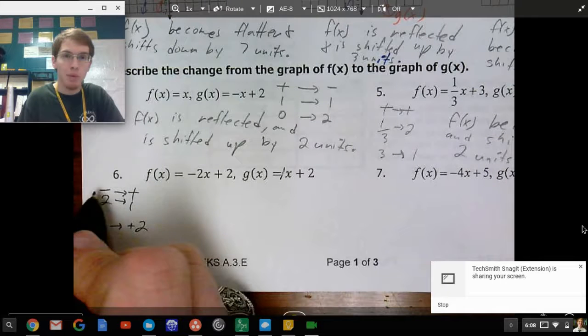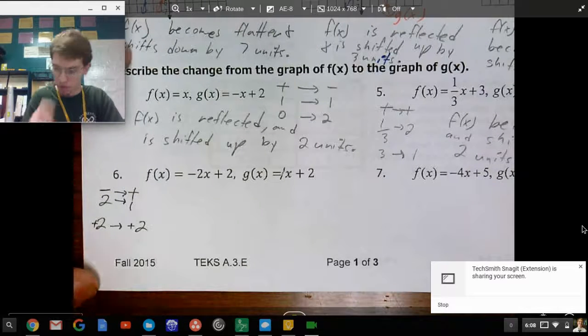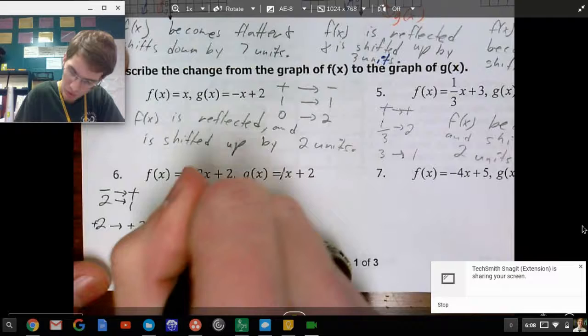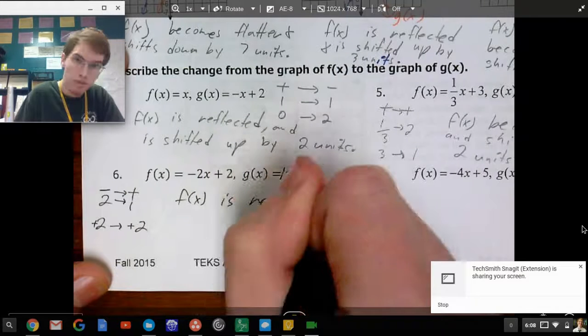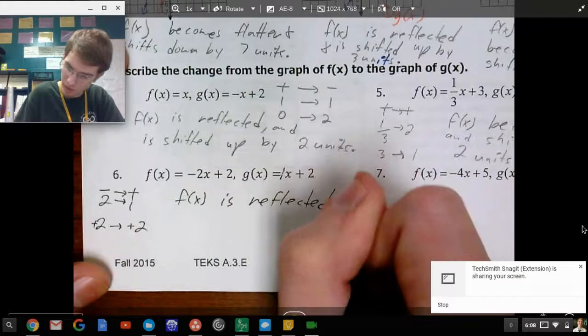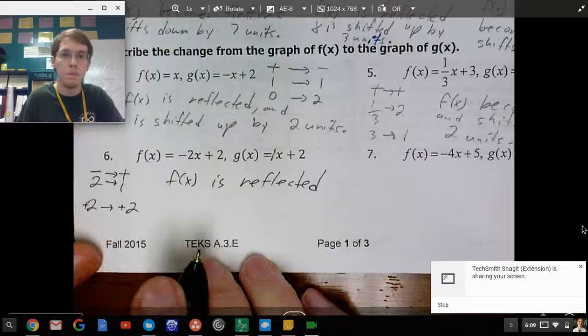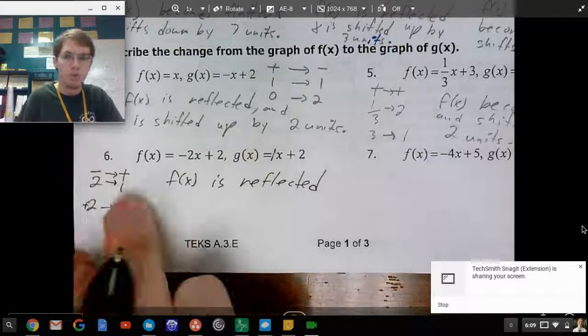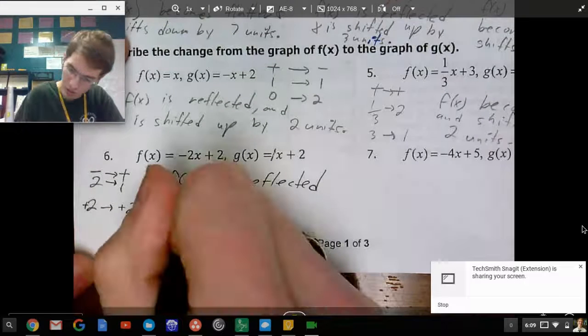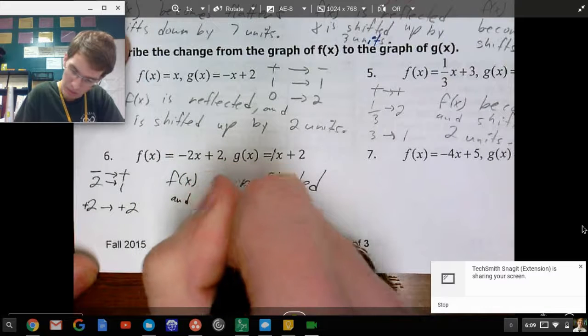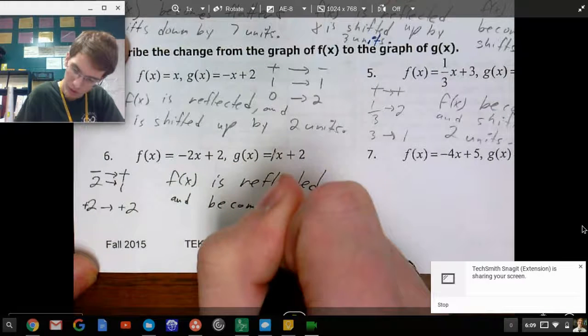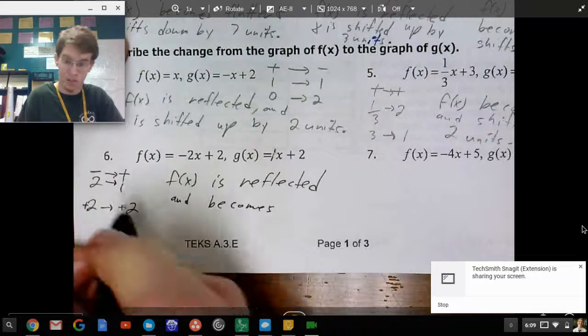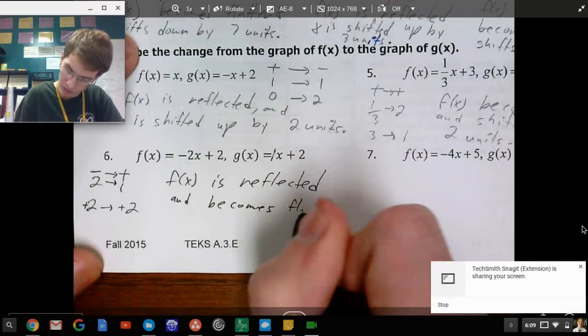But from negative to positive, that tells me I have a reflection. So f of x is reflected. And then I also have from 2 to 1 right there. So that tells me that if it gets smaller, it becomes flatter.